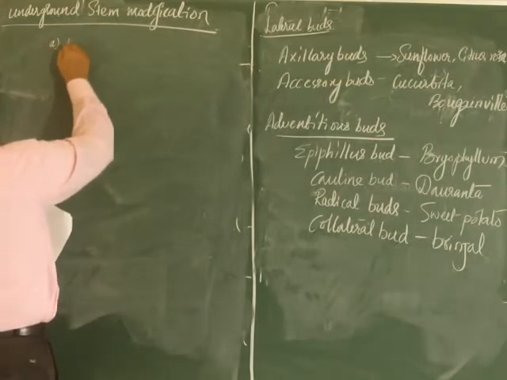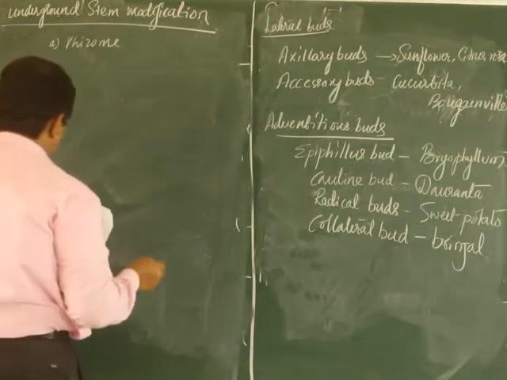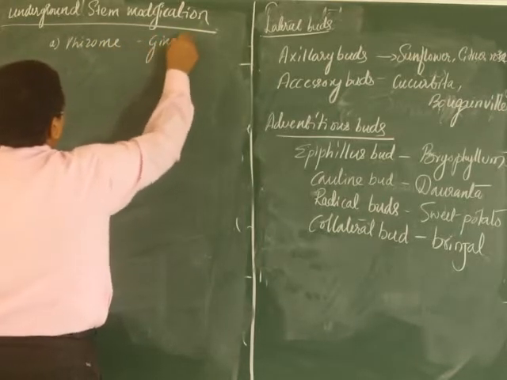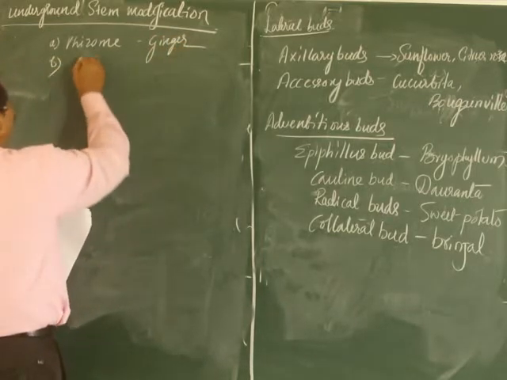Rhizome is an underground modification. It is seen in ginger. Corm.